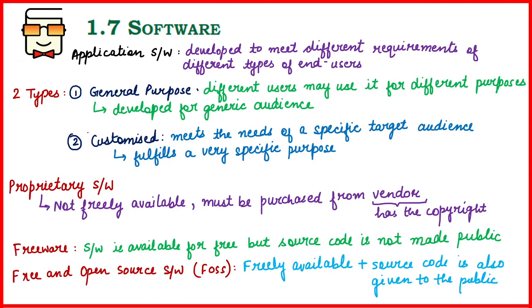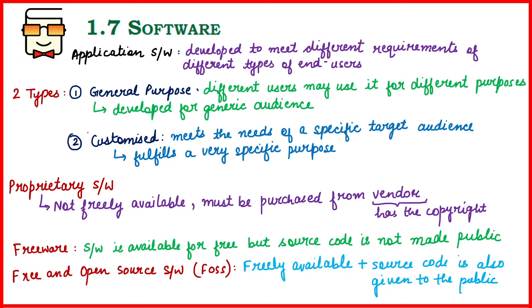Now, summarizing this lecture, we studied what application software is, which caters to the specific requirements of end users. There are two main types: general purpose, which can be used by different users in different ways and does not target a very specific audience, and customized software, which has a very specific purpose for development and meets the requirements of a specific group of people.